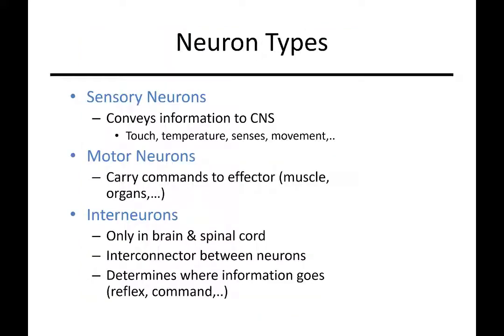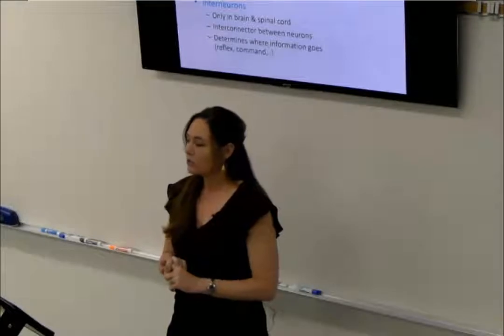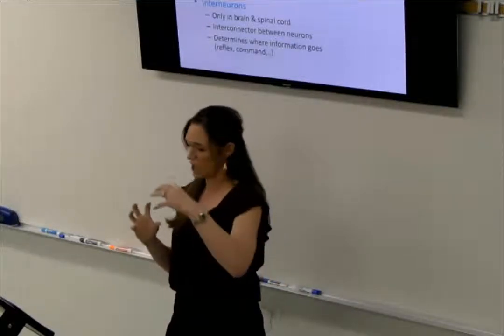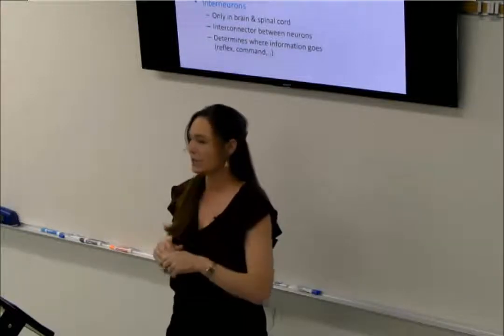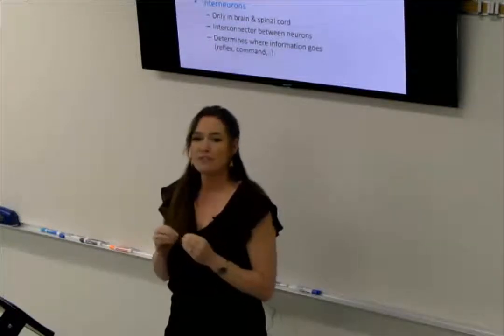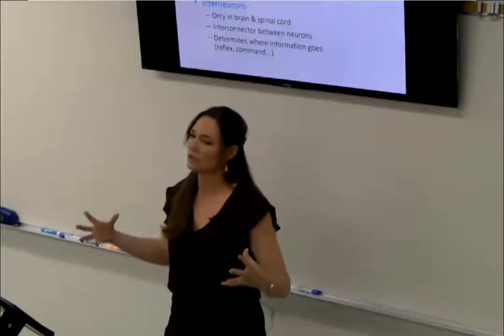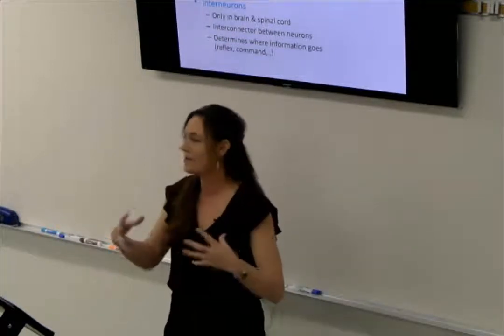The types of neurons that you want to be familiar with and that you will need to know, also how they're built and the shapes that we're going to go through in the next couple slides, is going to be very, very important when we tie this into how this overlays with our spinal cord and the nerves.